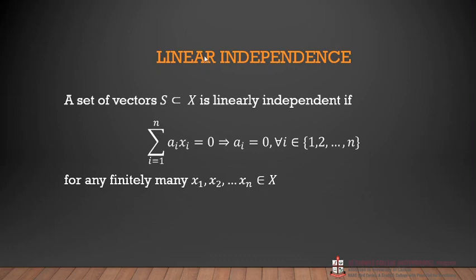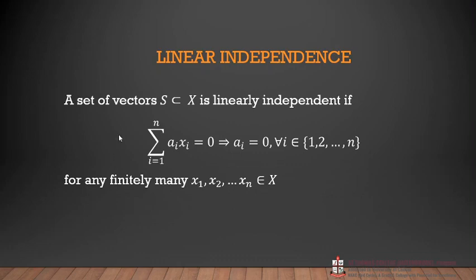Now, you know what is meant by linear independence. Suppose S is a subset of our linear space X. We say that S is linearly independent if summation i equal to 1 to n of a_i x_i equal to 0 implies a_i equal to 0 for i equal to 1, 2, 3, up to n.